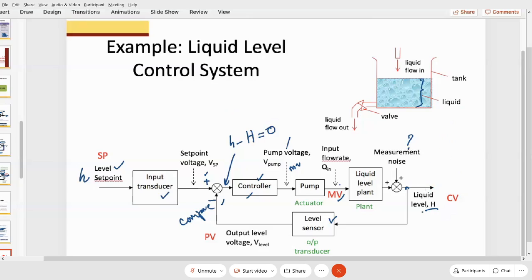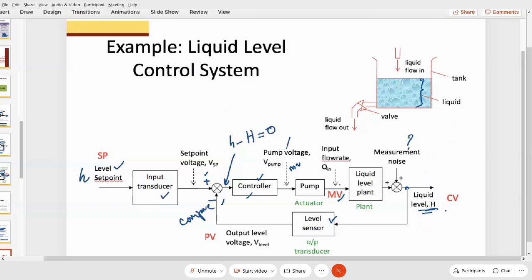If the current level of your tank equals your set point, your system is accurate. Otherwise, we have some error. The error is the difference between your set point and the actual level of your current system.